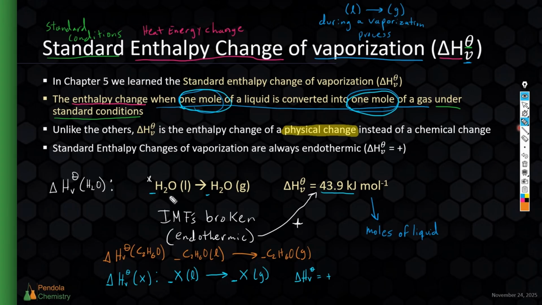In this case, hydrogen bonding for water, also hydrogen bonding for ethanol because it has an OH group, or if it was methane, then London dispersion forces. Whatever it is, we're always breaking bonds. So it's always going to be positive. So that's the enthalpy change of vaporization.